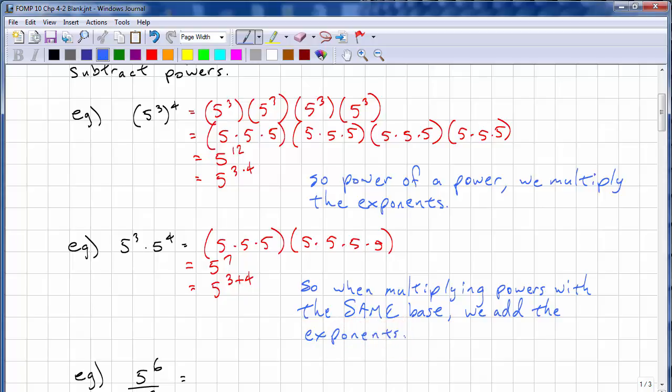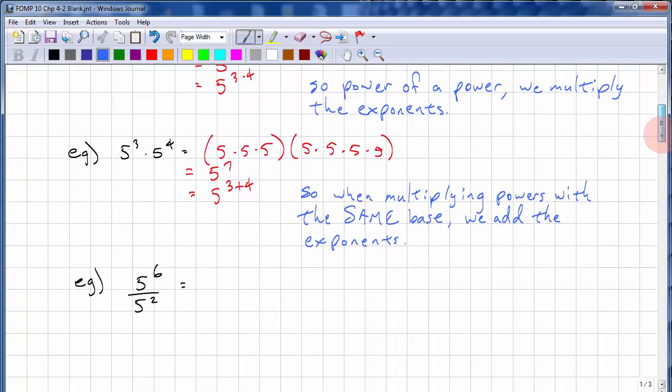Okay, it has to be like terms. So if this was 3 to the power of 3 times 5 to the power of 4, there's nothing we could simplify further. It has to have the same base.